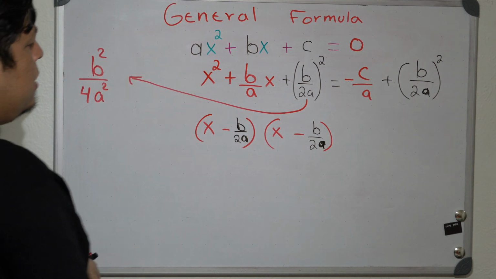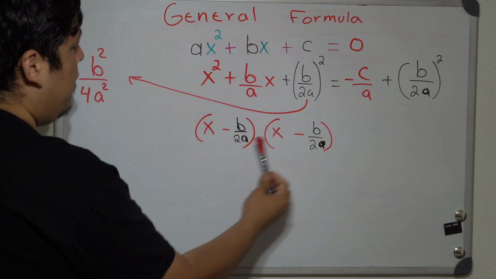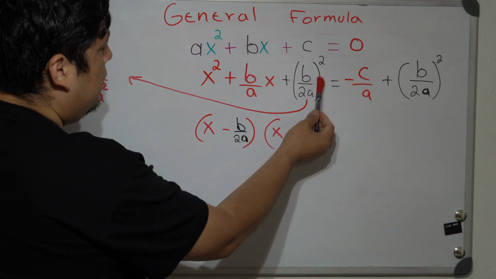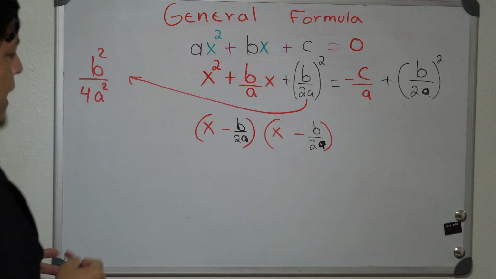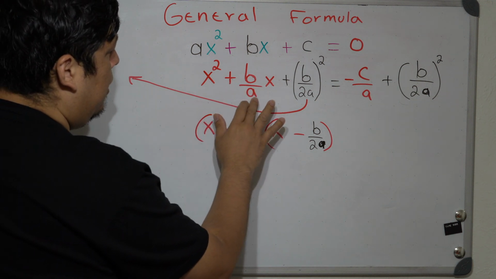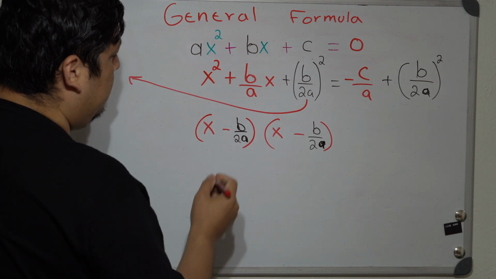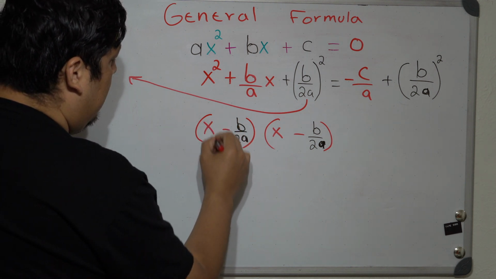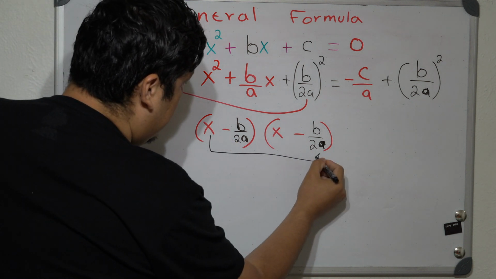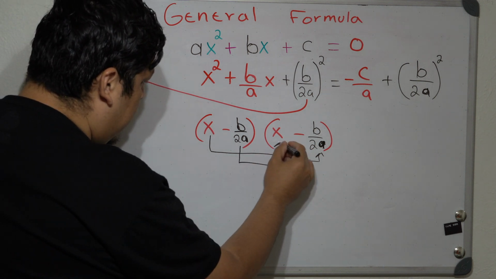Okay. So I know that if I multiply x times x, I do get an x squared. If I multiply b over 2a times itself, I do get this back, which is simply that. But I'm worried about the center here. So I need to get a bx. That I do get when I multiply this x times that, and when I multiply this number times that x.